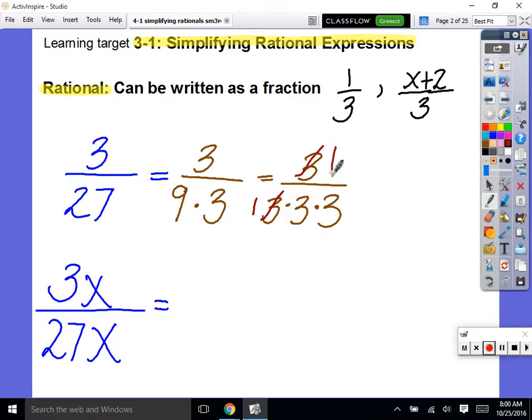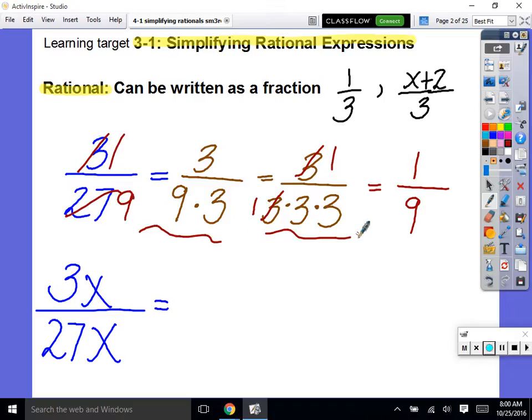Those divide out to become 1s, correct? So what's left on top? 1, and on bottom, we have 1 times 3, which is 9. Now, we would have seen that much quicker. We just say they both divide by 3. That becomes 1/9. But technically, this is the math of what's happening here. That's what we're going to be doing with rational expressions: factoring, dividing out exact factors, just like we always have been doing.